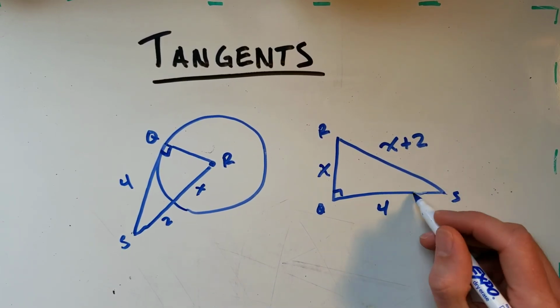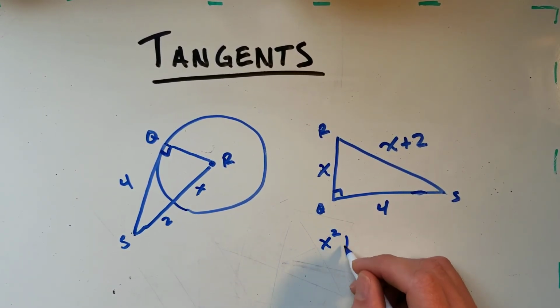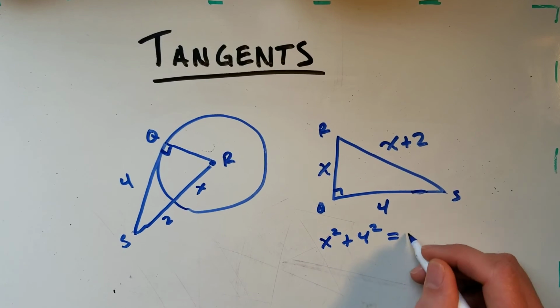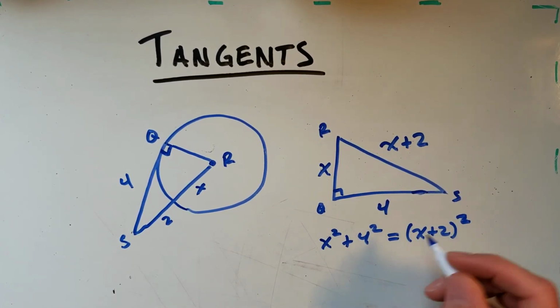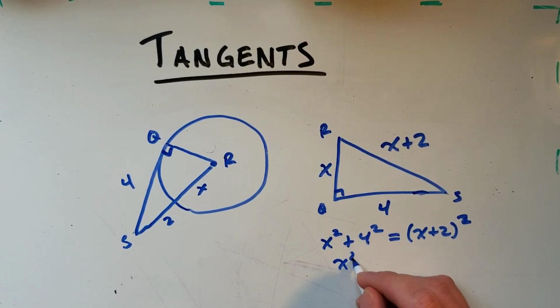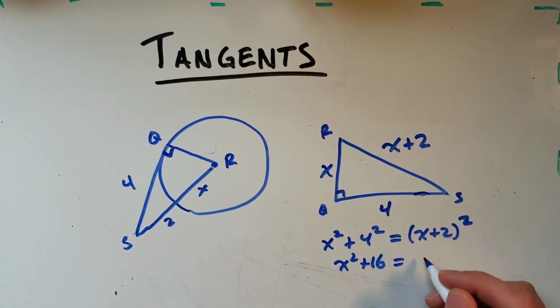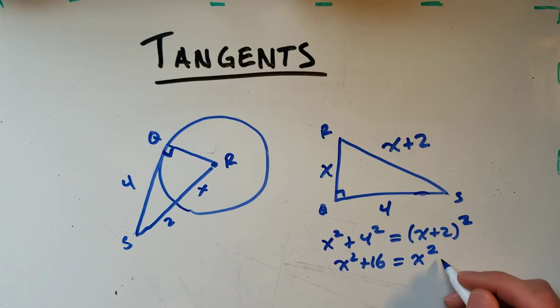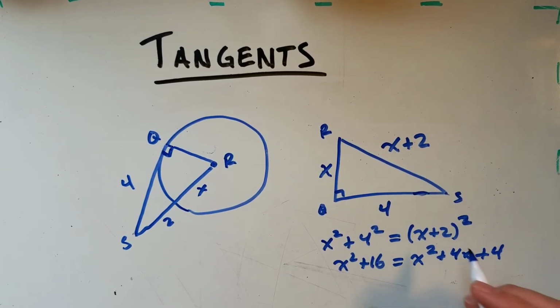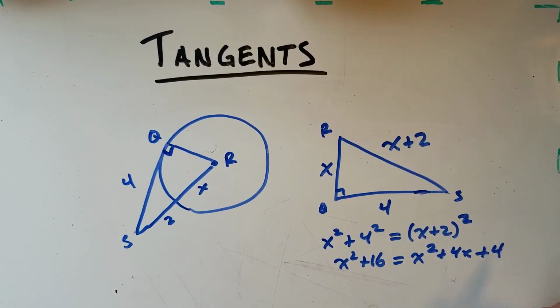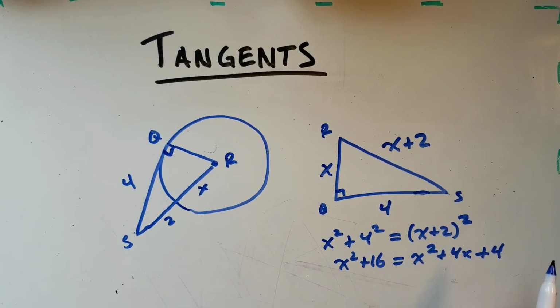Now with this we can solve for X. We have a right triangle, so X squared plus 4 squared equals X plus 2 squared. And then you're going to end up with X squared plus 16 is equal to X squared plus 4X plus 4, A squared plus 2AB plus B squared.